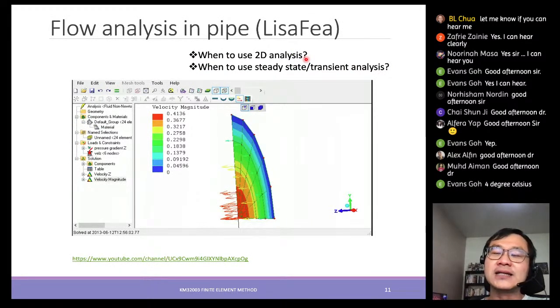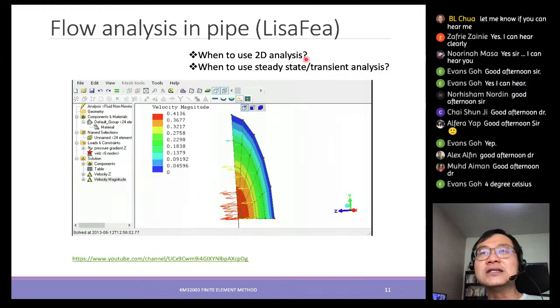But if you intend to use one-dimensional, then maybe that only involves a pipe, which I guess with today's knowledge, most people can estimate the fluid flow in a pipe using equations, very straightforward. You don't need FEA software.